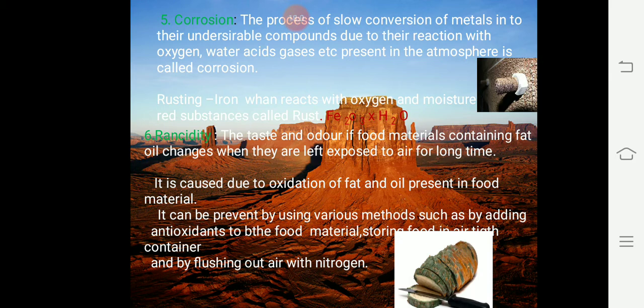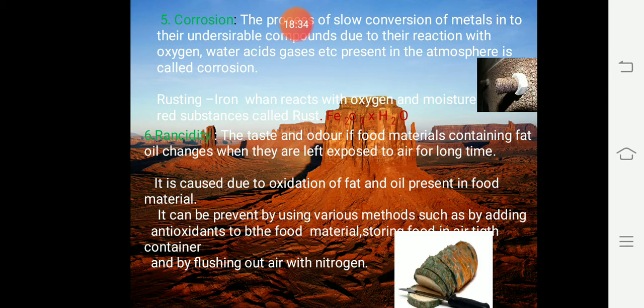The process of slow conversion of metals into their undesirable compounds due to their reaction with oxygen, water, acids, or some gases present in the atmosphere is called corrosion. The best example is rusting of iron. One more example is the formation of a green layer on the surface of copper, and tarnishing of silver. This is another example.